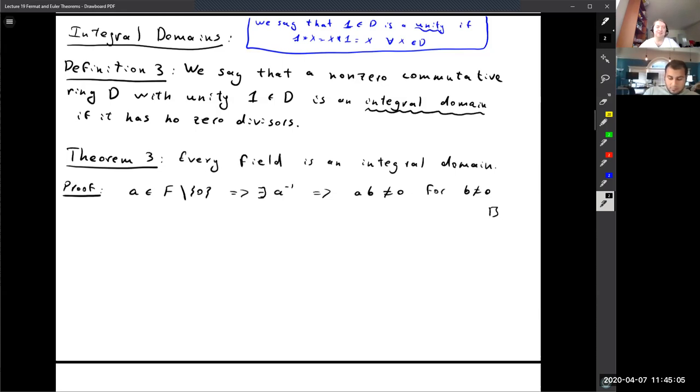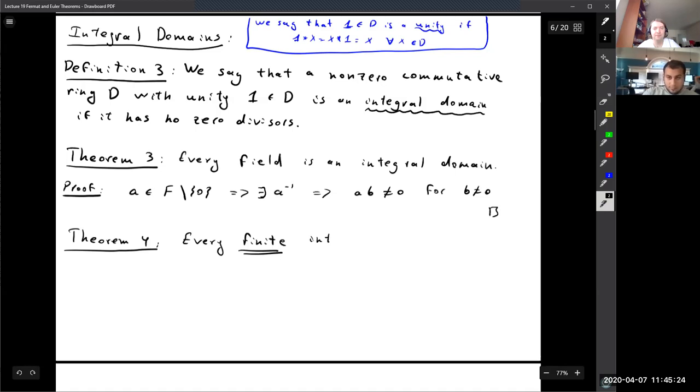But what is even more surprising is that every finite integral domain is a field.